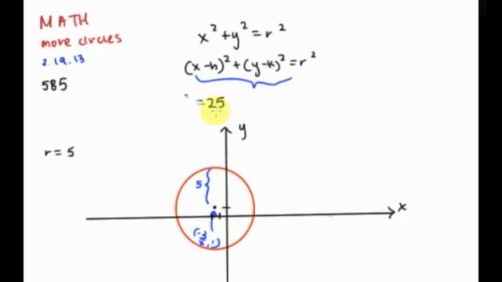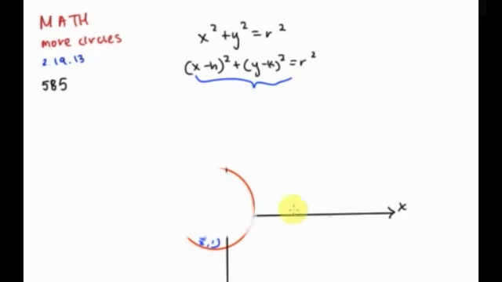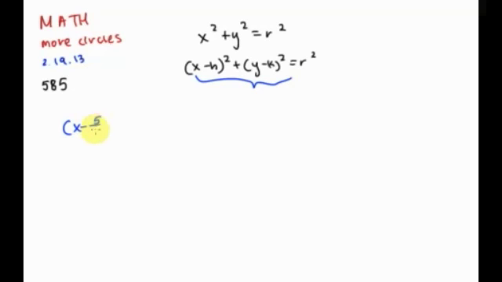For 26, we have to do 26. x minus 5 over 2 squared plus y plus 3 over 4 squared equals 81 over 25.